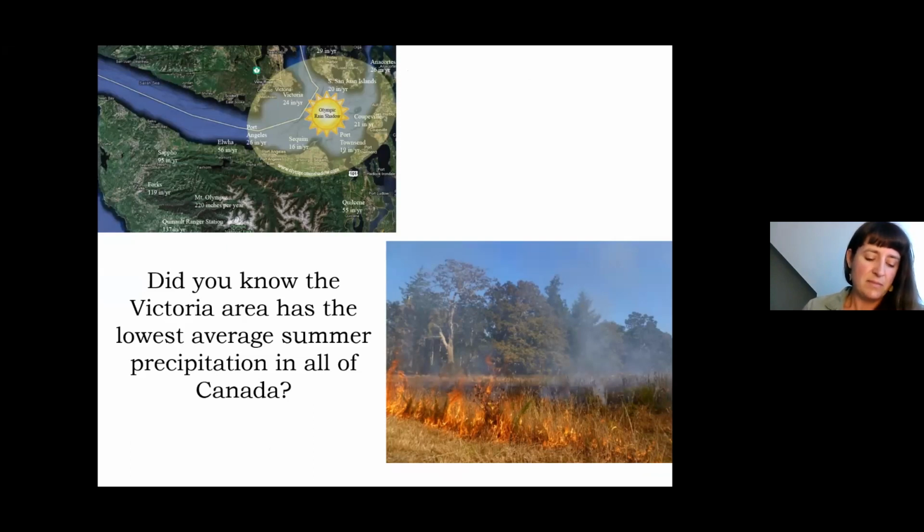There are also abiotic factors like precipitation and temperature that play into that. Interestingly, our area, the Victoria area, for example, has the lowest average summer precipitation in all of Canada, and that's part of what drives this unique flora that we see here.